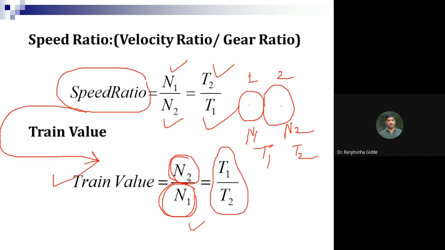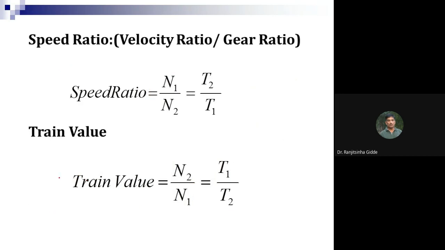So this train value we are going to use while solving the numericals, because ultimately in the gear train, suppose this is wheel number 1, it is rotating, and we need to find out rpm of the second wheel. So we need to find out the speed of this second wheel. That's why we take the train value in terms of N2 directly.